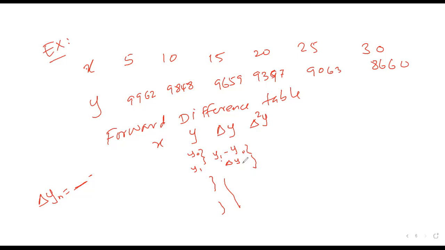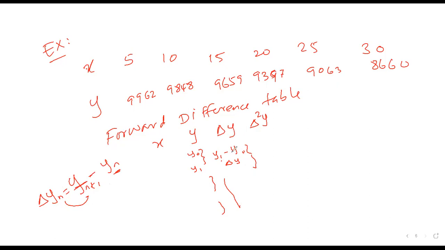So here, what is the delta of? Delta yn will be y(n+1) minus yn. See, one term bigger, and subtract the same value less.